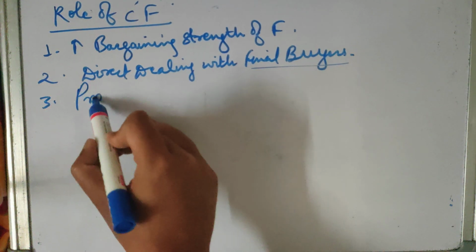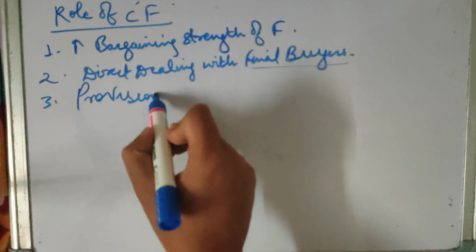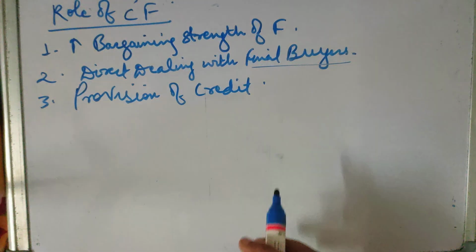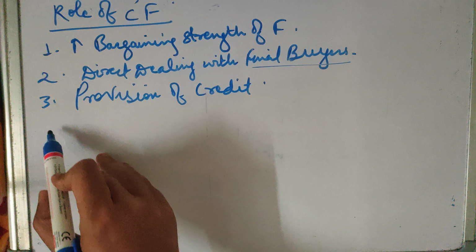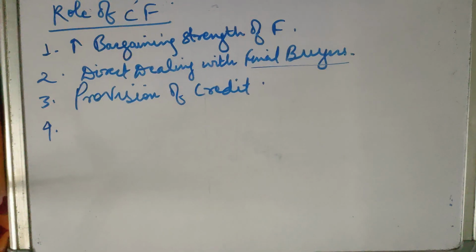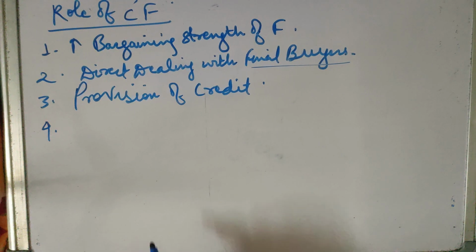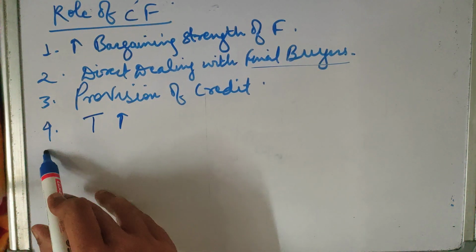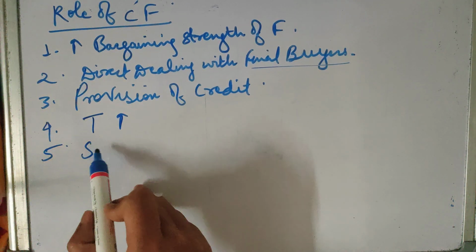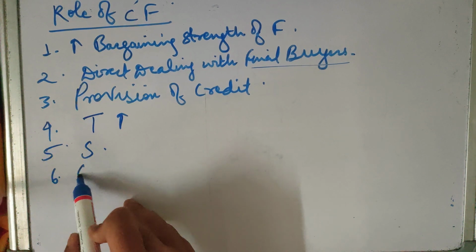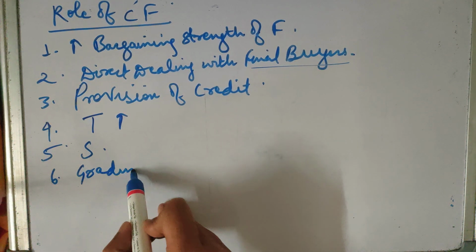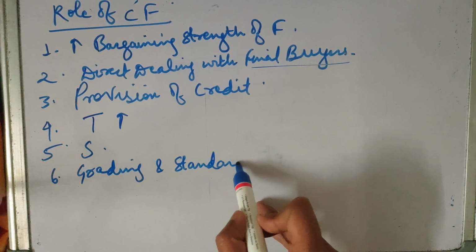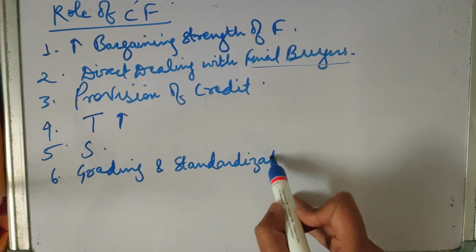Provision of credit. As I have discussed earlier, they get credit nicely, and here they can have better returns on the credit. Transportation is easy and cheap, storage facilities increase, and grading and standardization help.